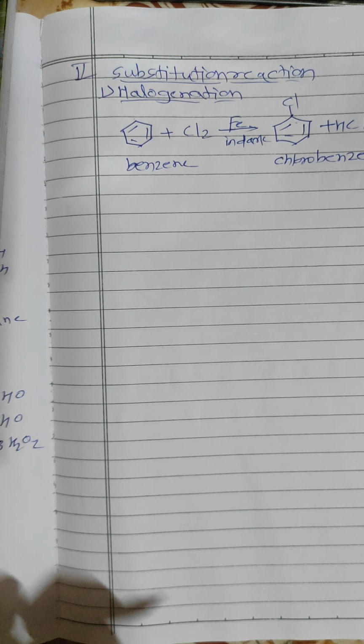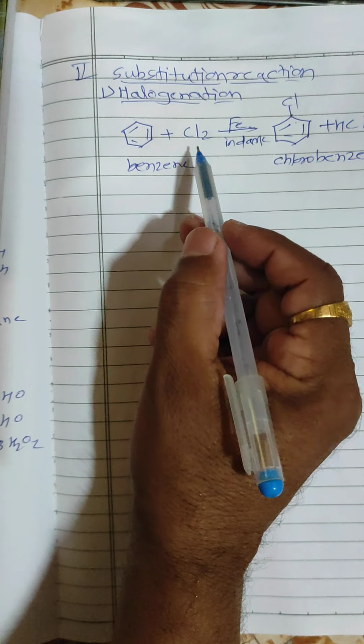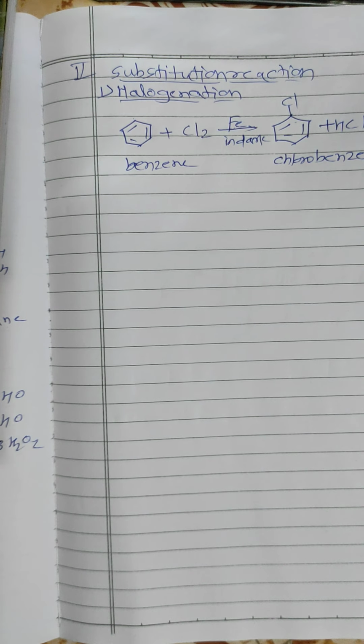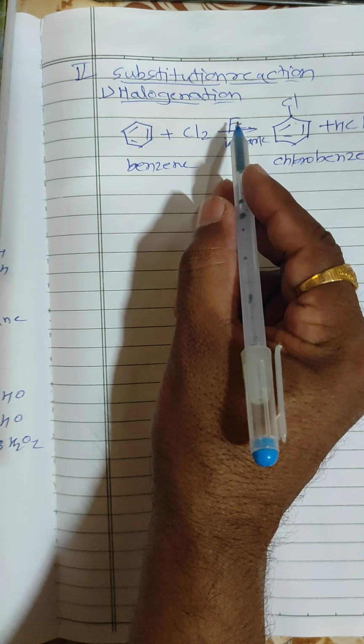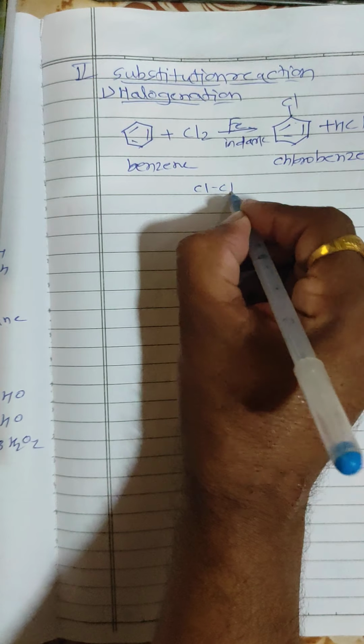Here benzene and chlorine. In this reaction, the electrophile, that is the chloronium ion, is formed from Cl2 with the catalyst AlCl3 or FeCl3. These are treated with this Cl and Cl.